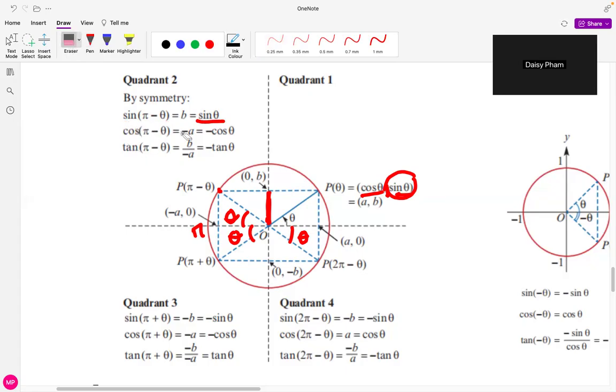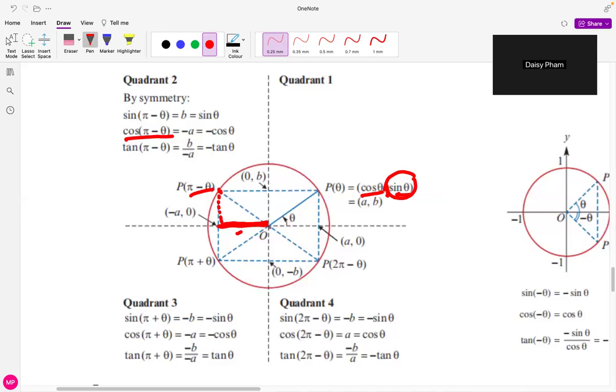Oppositely, if I do cos of pi minus theta here, I'm looking for cos. So cos is on the x-axis. So you project it onto the x-axis. That represents cos of pi minus theta. Now you can see it's negative because it's on the negative side, right?